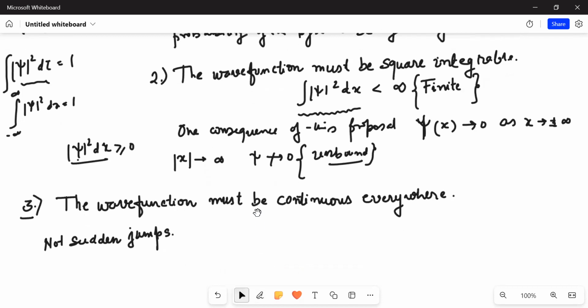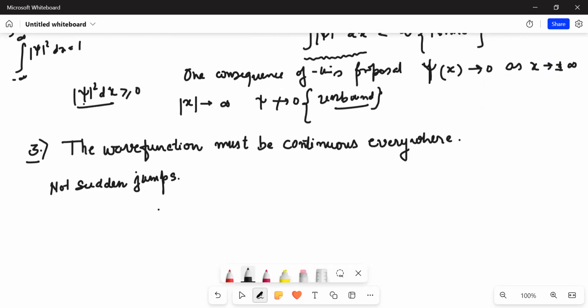Okay, if there is a sudden jump, that implies that there is a sharp discontinuity. And if there's a very sharp discontinuity, the derivatives at this sharp discontinuity would be infinite. There would be infinite derivative at these points.